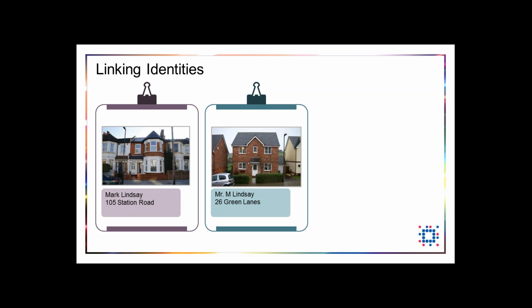Well, technology can't do that linkage on its own. You need third-party data or other reference data to understand that at some point Mark Lindsay has moved from one address to another. And so both records are accurate, it's just that they are accurate at different points in time, and we need that additional data to create the linkage between the two.